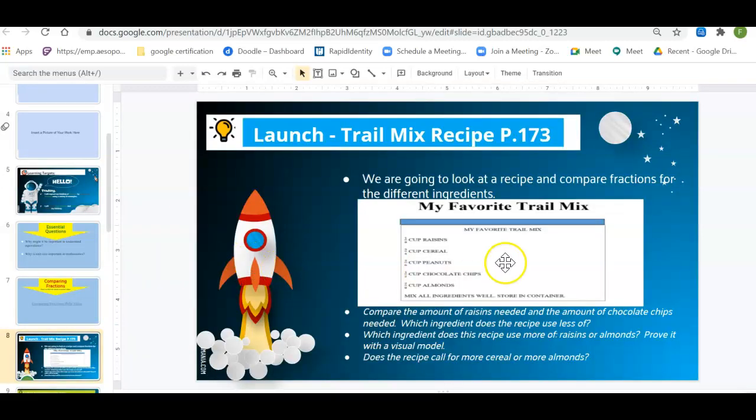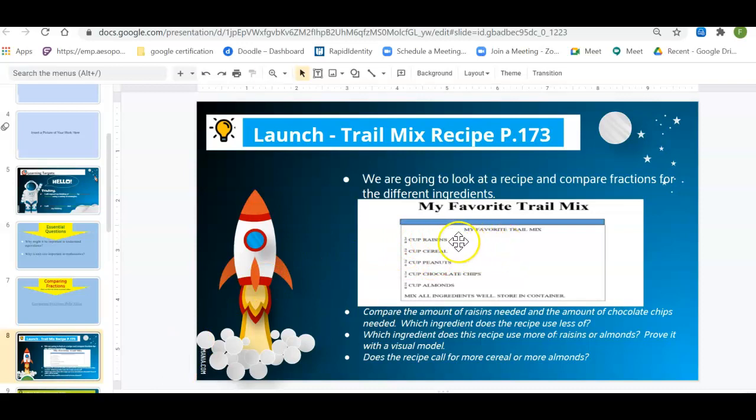On the next slide, now this is the same as page 173 in your math binder. So you can follow along in your binder, or you can follow along on the slides here. So we're going to look at a recipe and compare fractions for the different ingredients. My favorite trail mix.